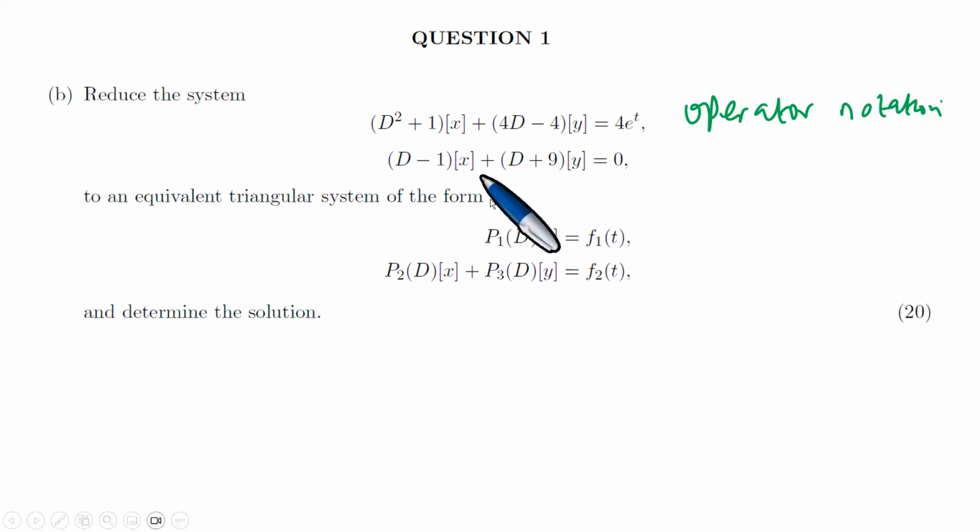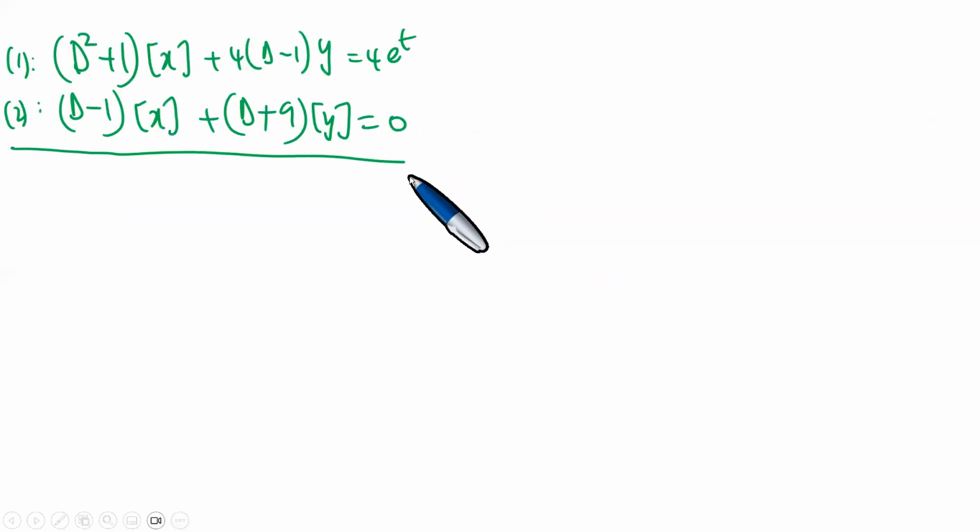To do that, we can say equation 1 minus D times equation 2.